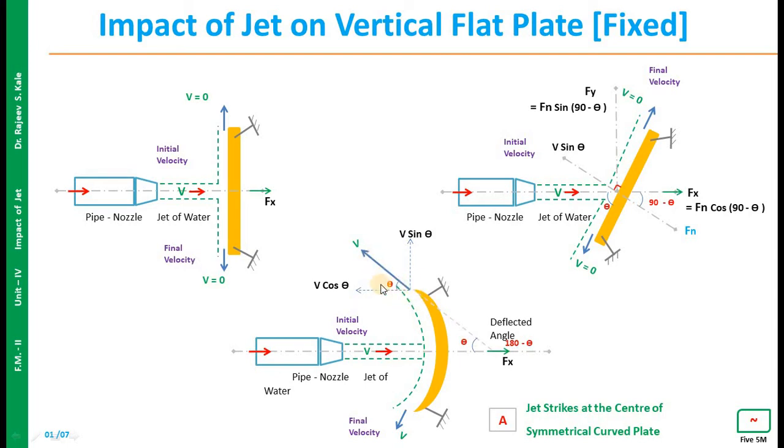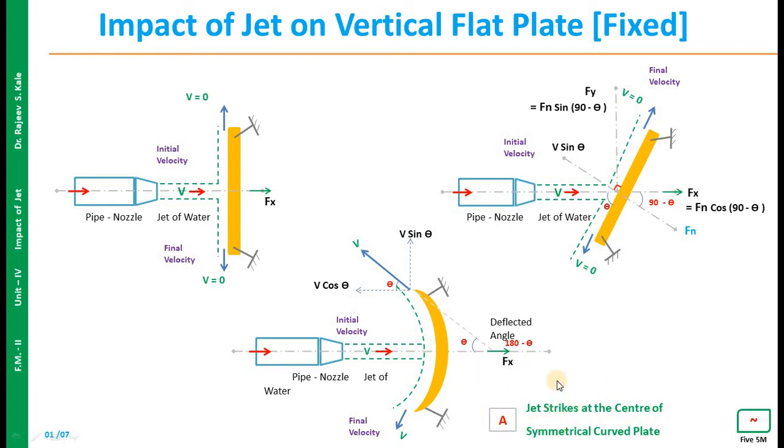The jet will leave with a velocity at angle theta. Again, as the jet has an inclination, you can estimate the vertical component and horizontal component. So in this unit, we have to understand the impact of jet on a vertical plate, on an inclined plate, and on a curved plate.